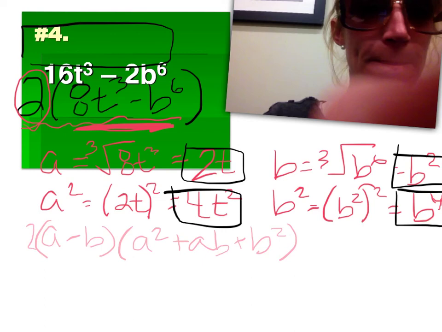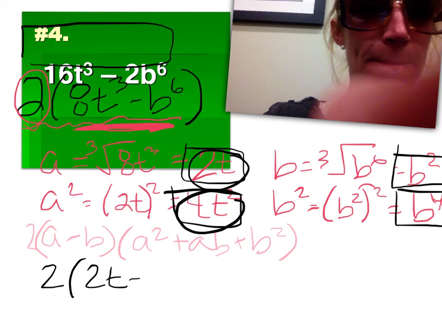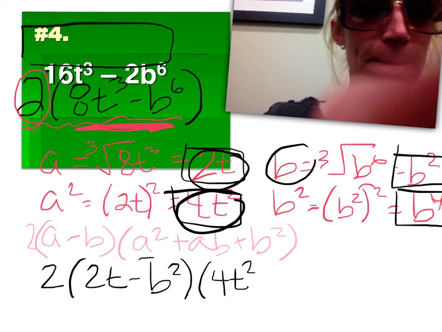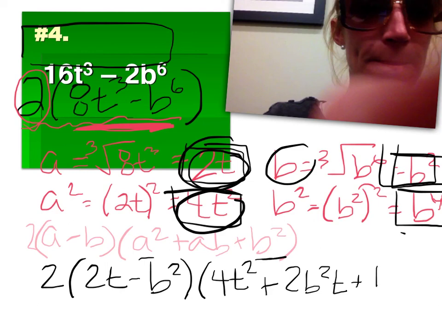So it becomes 2 parentheses a, which is 2t, minus b squared, parentheses a squared, which is really 4t squared, plus a times b, so it's 2t times b squared, which would be 2b squared t, alphabetical order, plus b squared, which is b to the 4th.